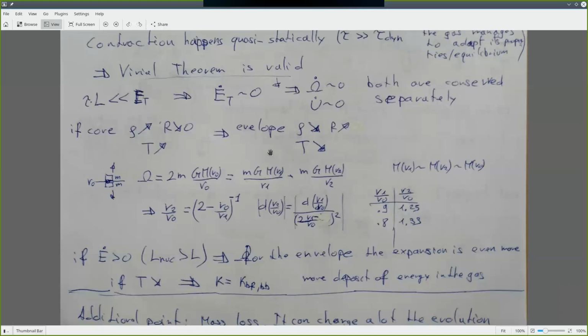During the expansion, as we said, the envelope starts to be really opaque to the radiation. The luminosity is really high because we arrive at one to two orders of magnitude above the original luminosity of the star.